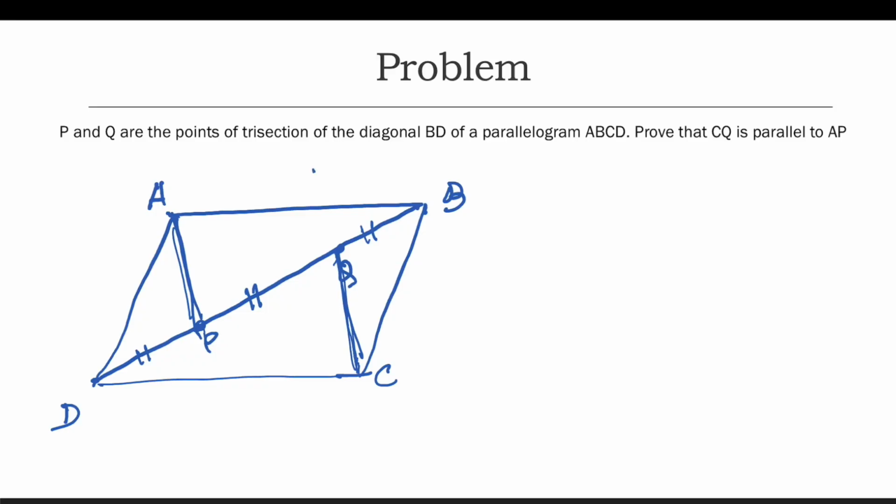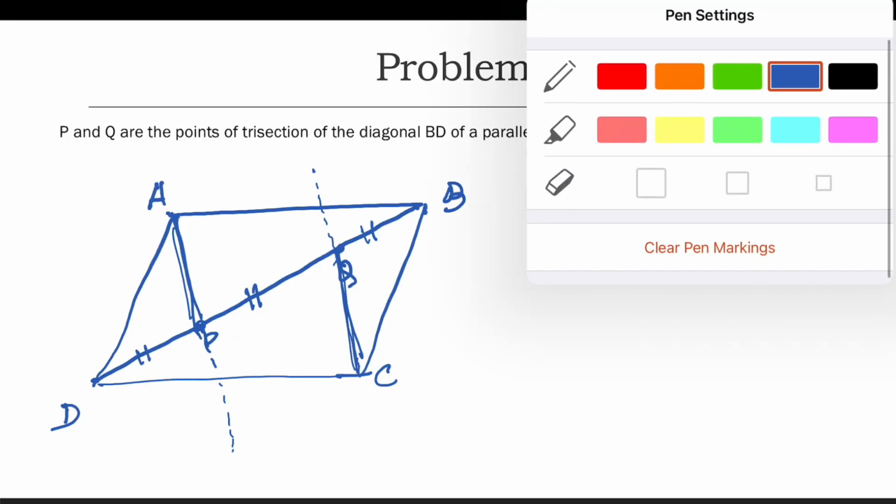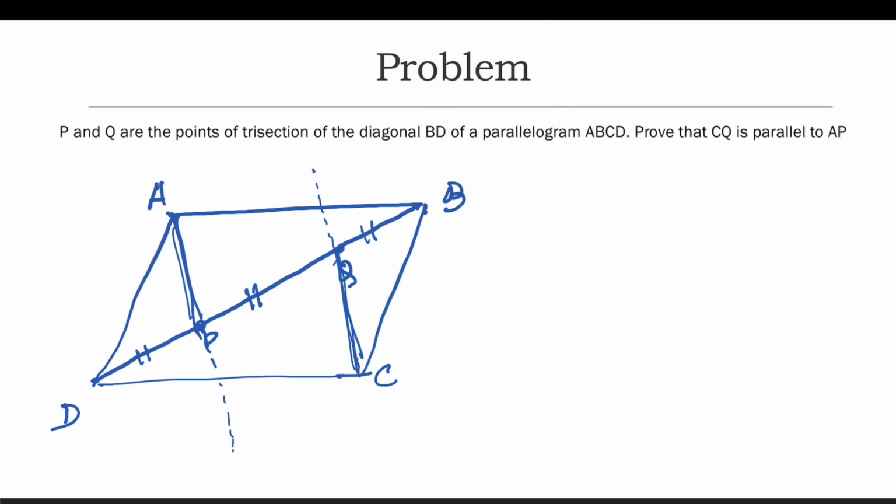So if we have to prove this, let's extend this line, and let's extend this line, right? So in this line, if we look at this angle and this angle, these are what?